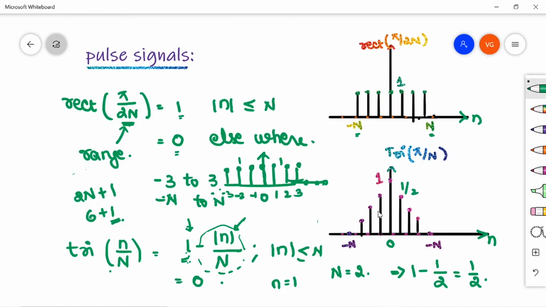Then for n is equal to 2, you write 1 minus 1, 0. So it keeps on decreasing slowly to 0 when small n is equal to capital N. Again for this triangular pulse, the number of pulses is 2N plus 1 and the range is minus N to N.